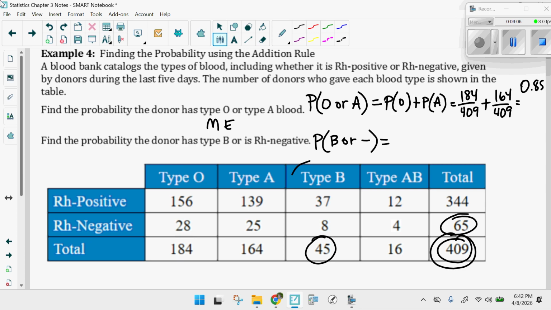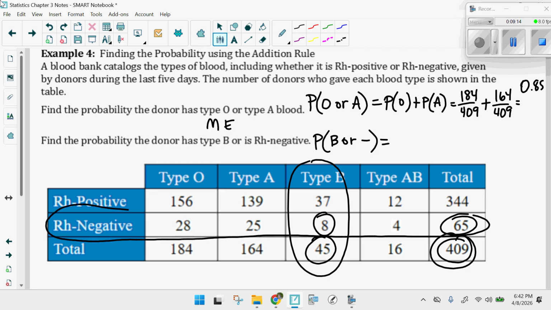But when I add up these type Bs, I'm adding this 8 in here. And when I'm adding up all these Rh negatives, I'm also adding that 8 in there. So that is not mutually exclusive. There are some people who are type B and they are Rh negative.